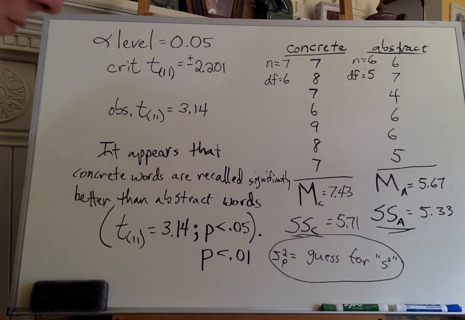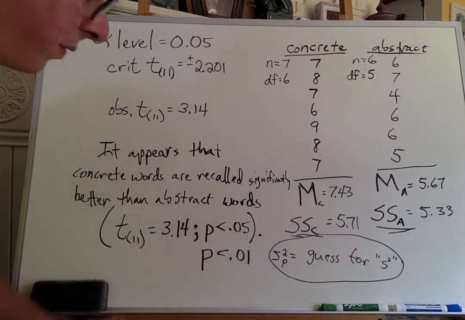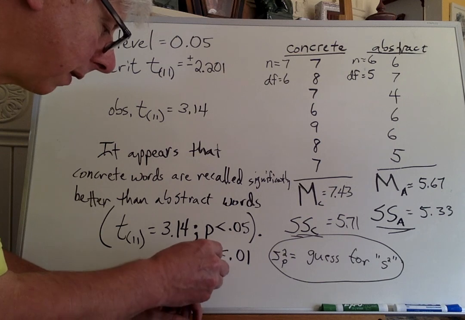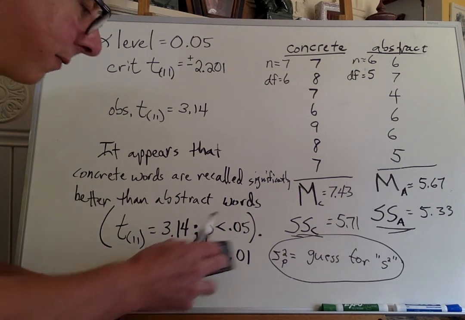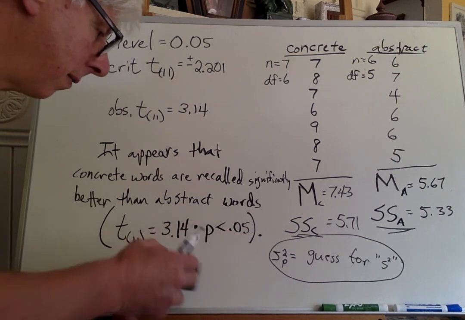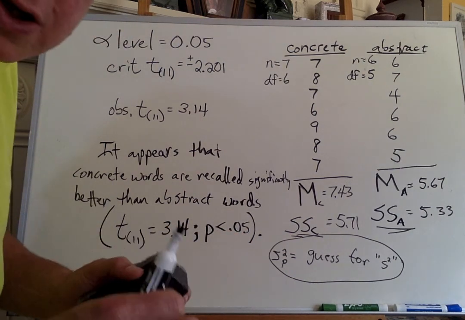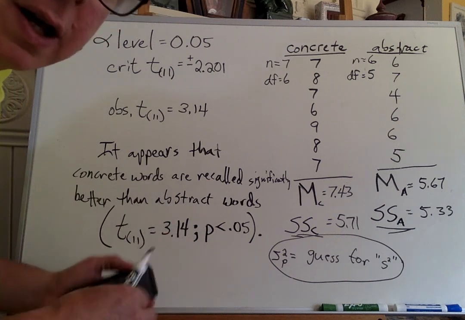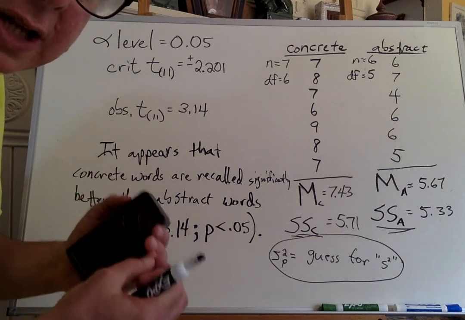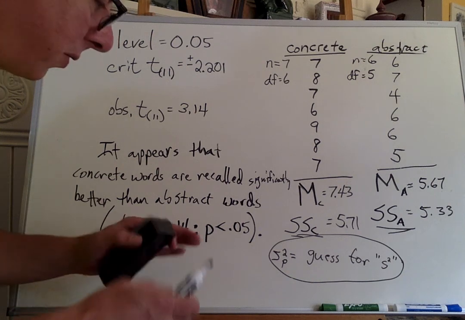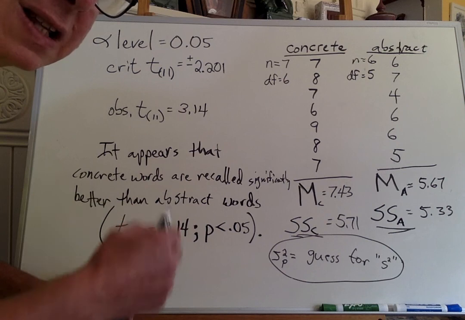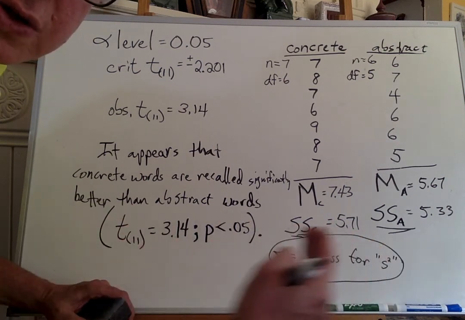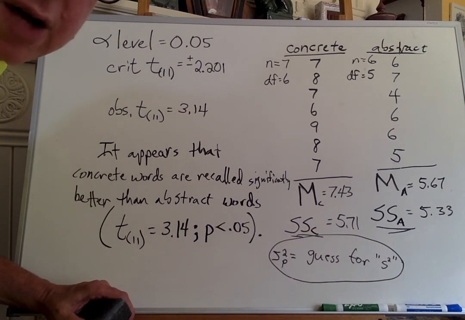If I was doing this research, instead of 0.05, I would put p less than 0.01. I'm not going to do that for this class, but you'll see it in the literature. That's why I do it. And I'm hoping that if you understand the concept, you'll understand why this is so far out that I could put p less than 0.05. It's going into the extreme 1% of the distribution. Okay?